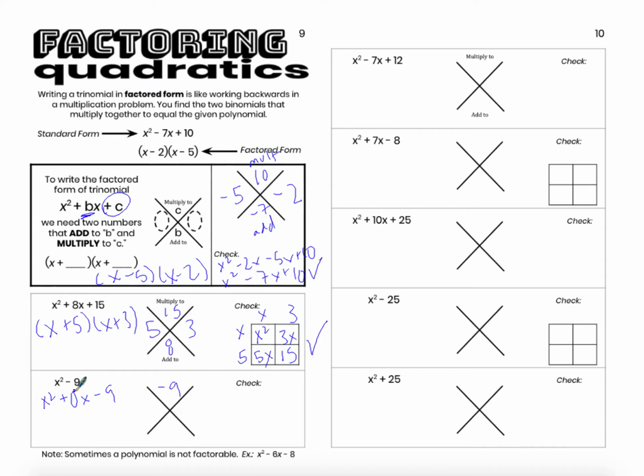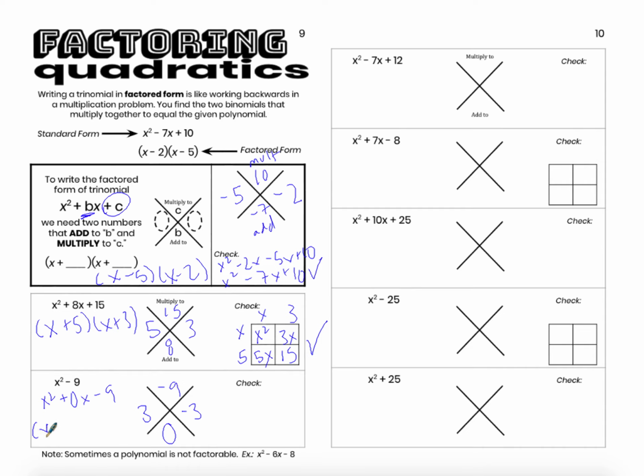We're just multiplying to that negative 9, but adding to 0. You'll start to see what types of cases this applies to, but it's going to apply when we have a subtracting of a perfect square, because that allows us to do 3 and negative 3. An opposite of a number allows us to add to 0 and then multiply to negative 9.